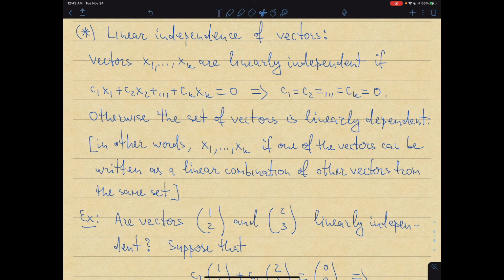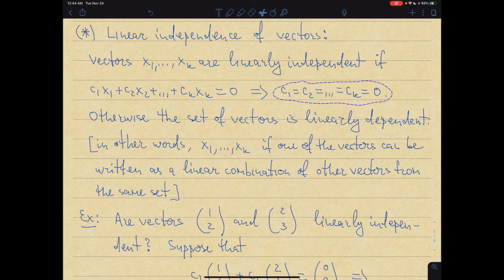In fact, you can talk about linear independence of just vectors that are independent of time. And let's talk about that for a moment. The definition is exactly the same as before. A bunch of vectors is linearly independent if whenever you construct their linear combination and set it equal to 0, the only way for that linear combination to be 0 is if all coefficients are equal to 0.